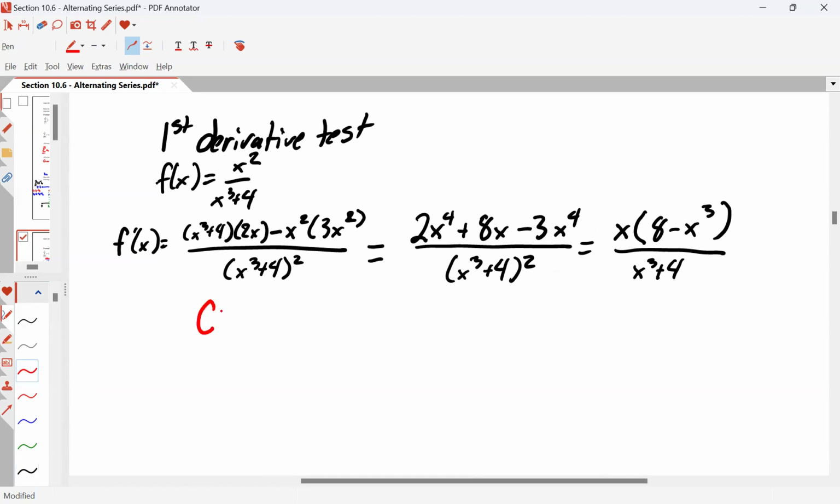So for our critical points, we'd be looking for where x cubed plus 4 equals 0. This never happens. And we'd be looking at where 8 minus x cubed equals 0.